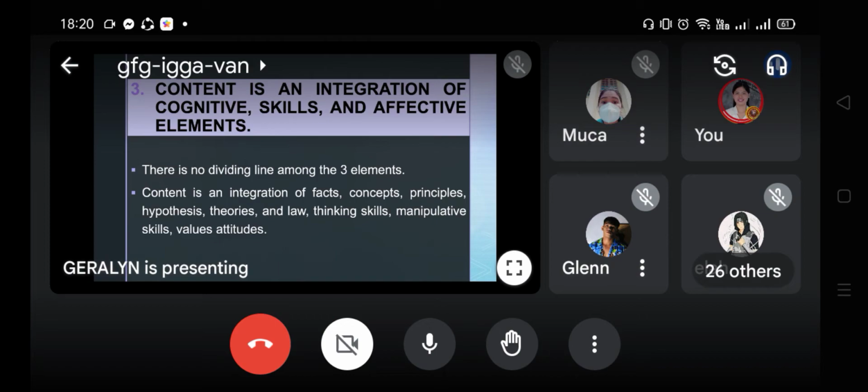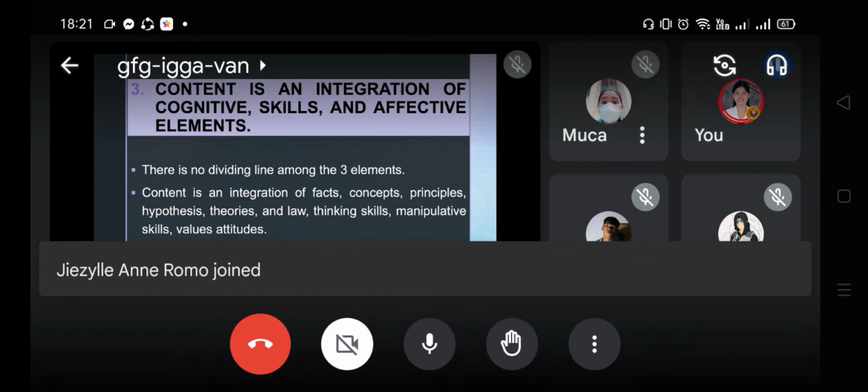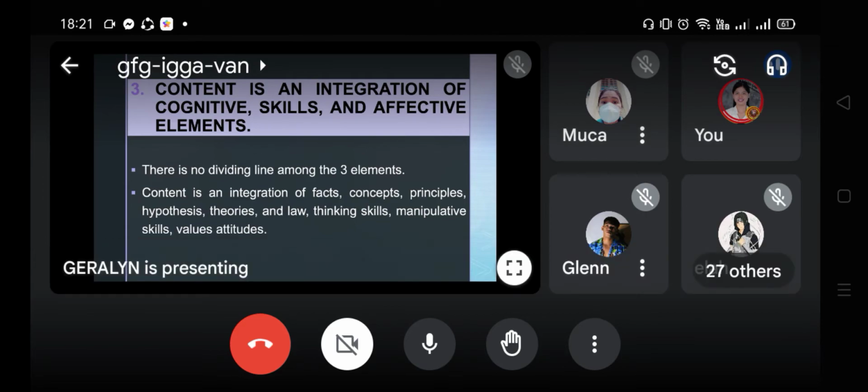So, the moment na magtudlo ta about knowledge, we can teach knowledge through activities wherein their skills will be honed. And by doing those skills wherein they are learning, so cognitive na to o psychomotor, we can also incorporate or integrate the affective domain.